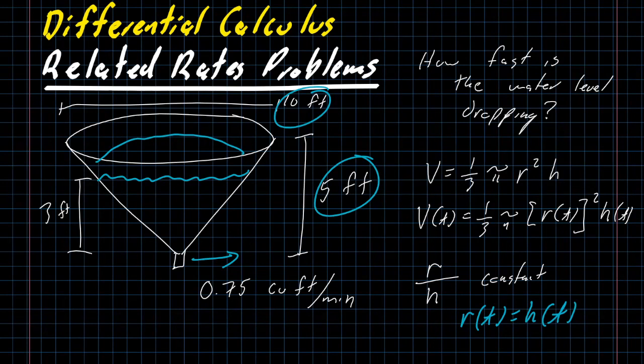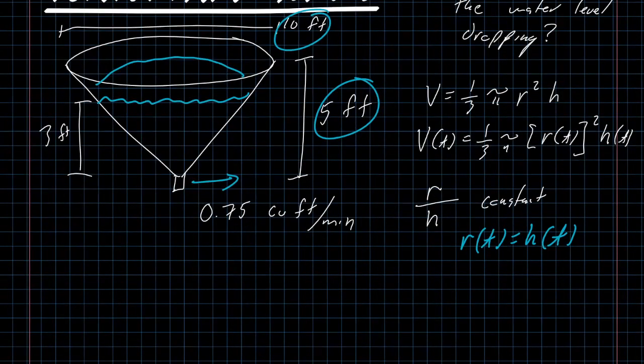The cone that is filled with water is going to be similar to the entire cone. So we have similar figures going on, which is convenient because it will allow us to knock one of the variables out of the formula we're dealing with. And instead of all of that mess, we have simply that V of t is pi over 3 times h of t cubed.